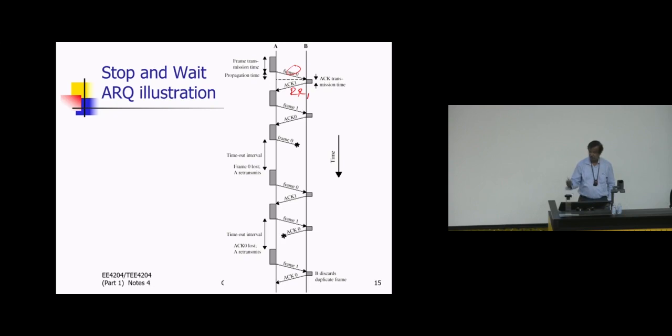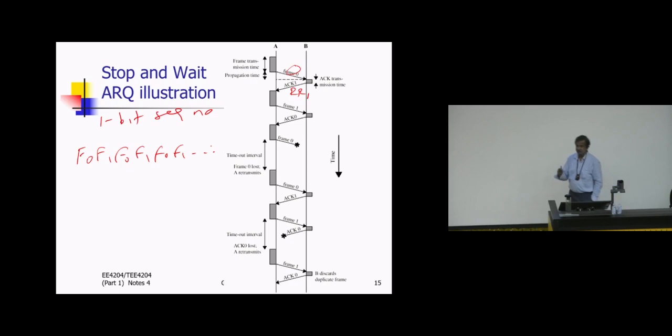Note that since we are waiting for an acknowledgement for every frame, you can just use a 1-bit sequence number. That is sufficient for stop and wait. That means we use frame 0, frame 1, frame 0, frame 1, and so on.